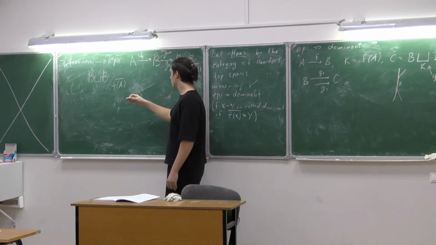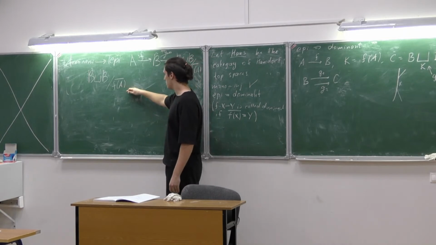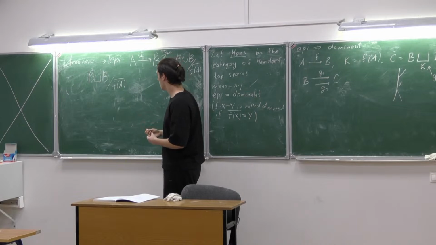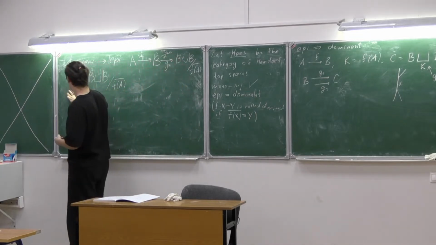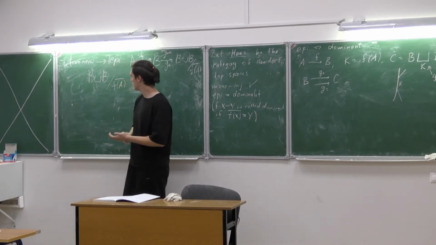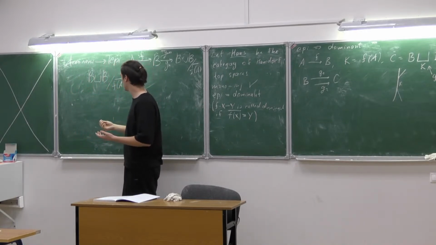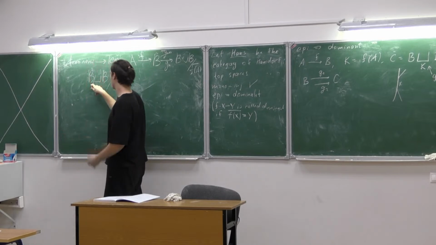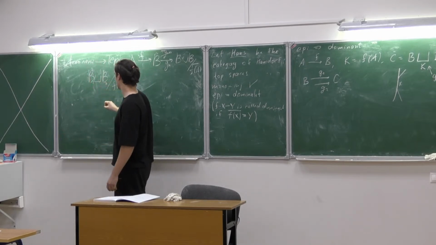First of all, I need to say that this is a Hausdorff space. How to do it? We should know how to separate every 2 points in this space. I have 3 different positions of these points. Let's call this copy of B with index 1 and this copy of B with index 2.